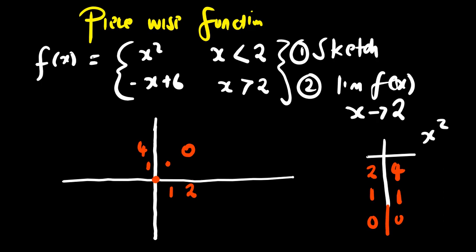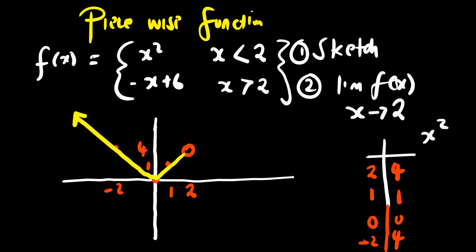Let me say a negative 2 here. A negative 2 squared will give me a 4. So I have a point negative 2, 4, which will be somewhere there. So you're able to see that this graph for the first one, it passes through 0, 0 and is going like that. So that is your first graph.